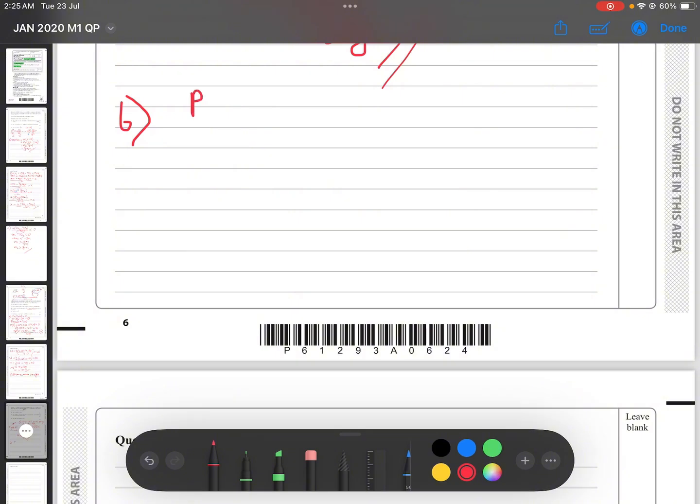Imagine this is P over here and this is Q over here. Q is moving up, P is moving down. And at some point, P and Q collide with each other. They want the time when they collide. At which time do they collide?